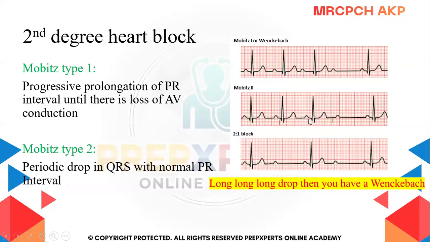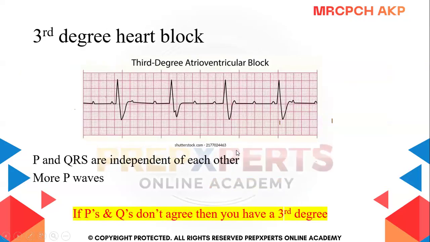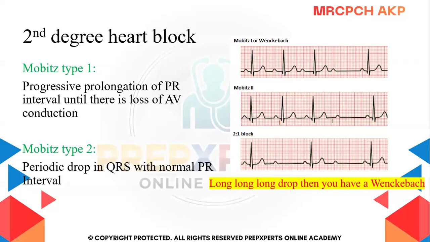And then the PR interval is normal. Sorry, I correct myself, the PR interval is normal. And then there is a drop in the QRS. So in this you will find a pattern of P waves, that after every 2 P waves you are going to have a drop in one QRS complex. We will explain this again in the full ECG with an example.